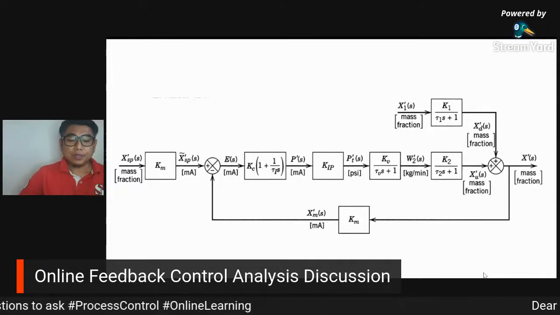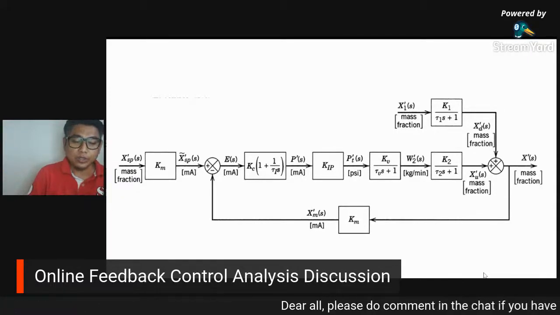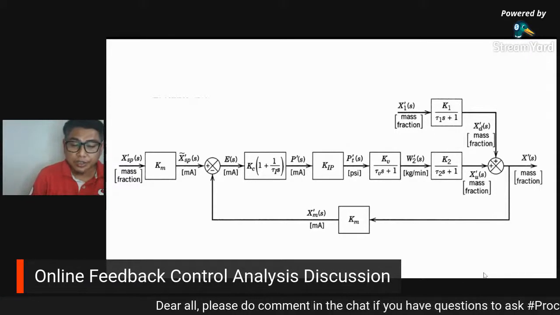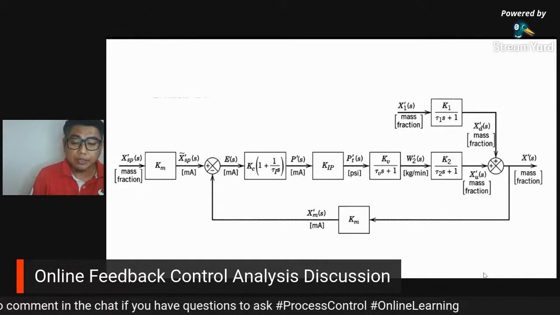Then we come up with what we call the closed loop transfer function block diagram, or feedback control block diagram.